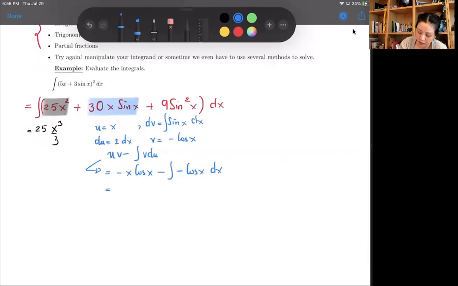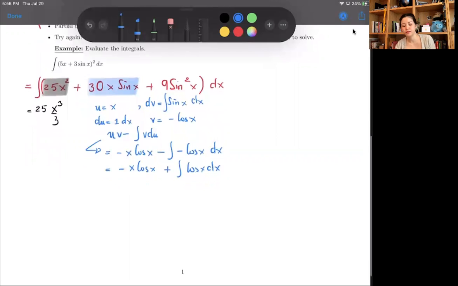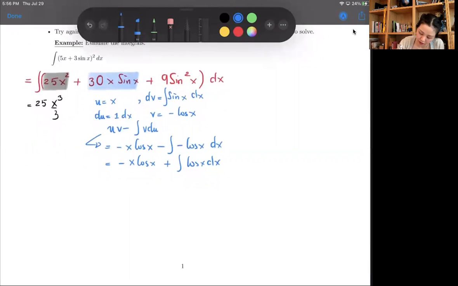Let's clean this up a little bit. So equal to minus x cosine x plus, minus minus becomes plus, the integral of cosine x dx. Okay. I'm rewriting this: negative x cosine x plus the antiderivative of cosine x is sin x. Right, so plus sin x.